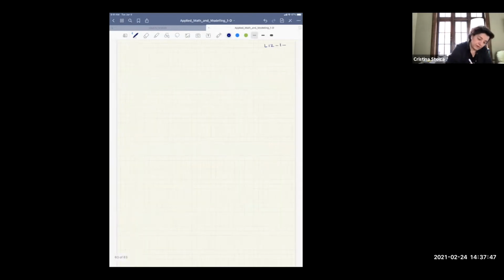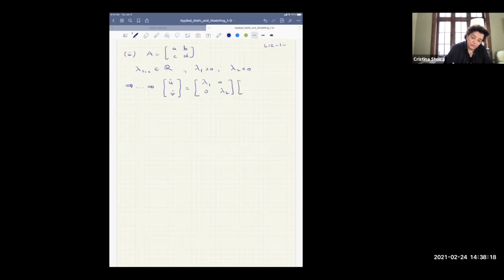So here we're in little case 3, when this A, which is some a, b, c, d, has eigenvalues that are both real, but now one is positive and one is negative. This leads, if you look in your notes, to a system in U, V with these on the diagonal, but one is positive, one is negative.